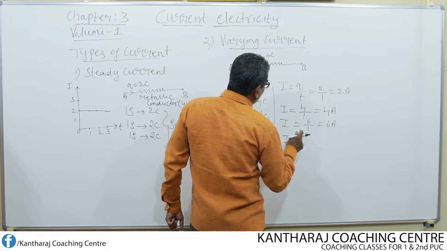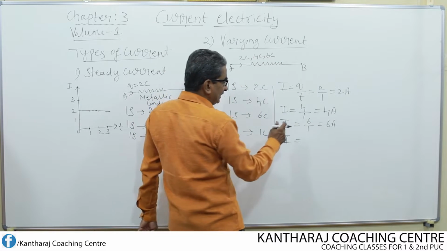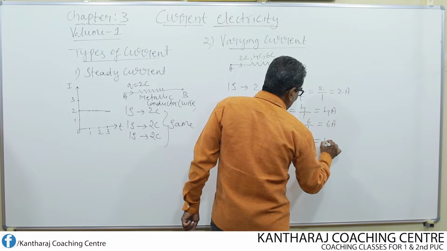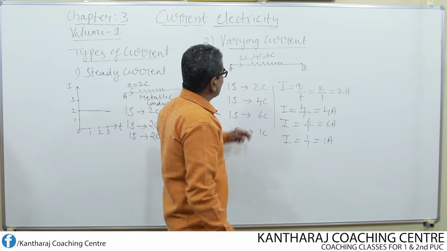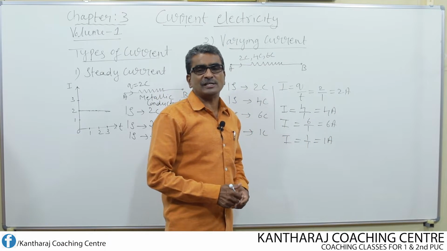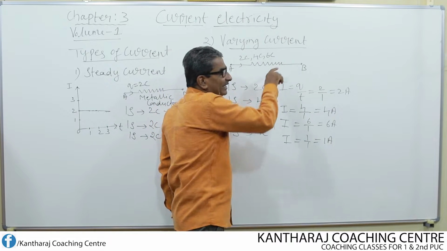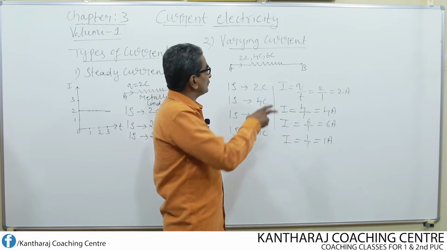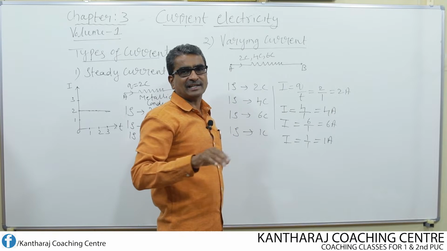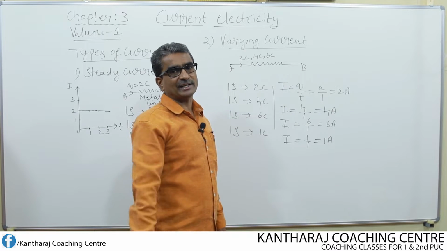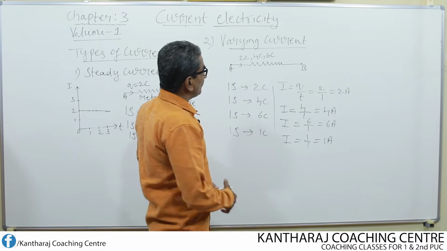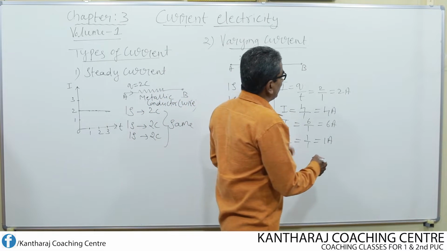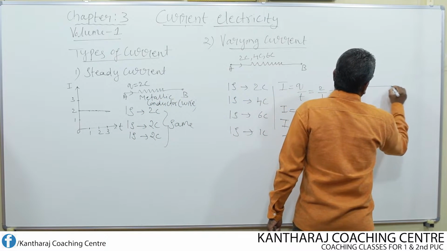Then what is the current in 4 seconds flowing through this conductor? It is 1 by 1 equal to 1 ampere. So the current through this conductor may keep changing either increasingly or decreasingly. So both increasing current and decreasing current are considered as varying current. Such a varying current can be represented graphically like this.